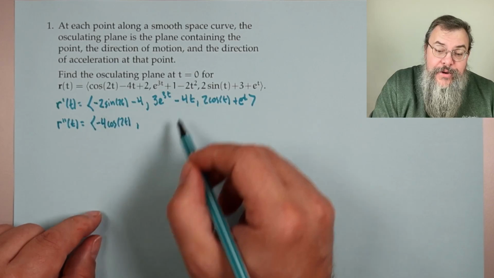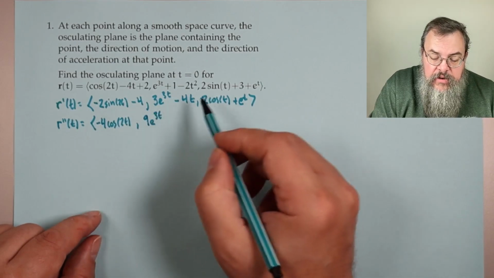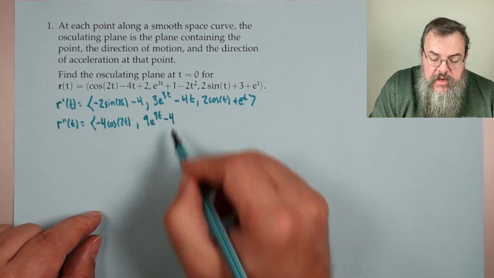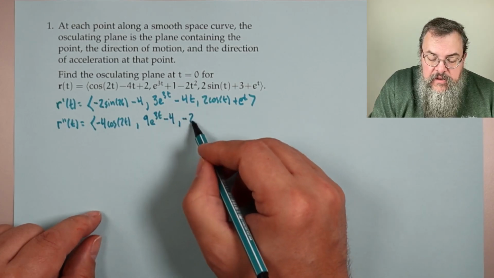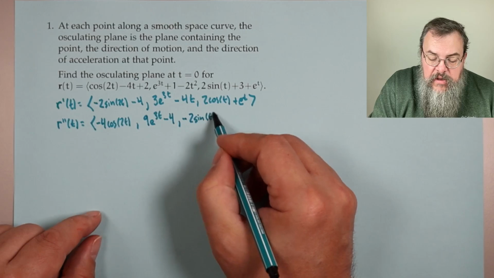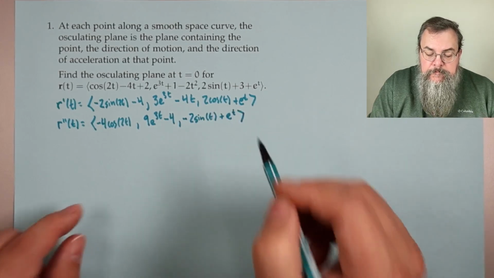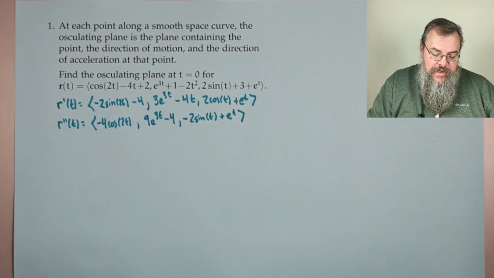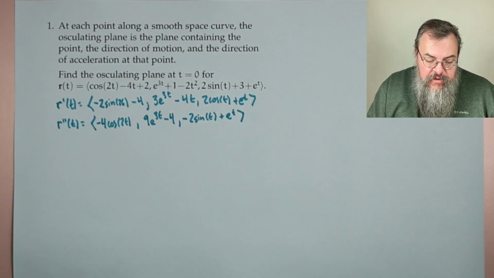Another 3 comes down, multiplying, giving us 9e to the 3t. Derivative of minus 4t, minus 4. Derivative of cosine, negative sine, so minus 2 sine t. And then plus e to the t. All right, good. So we have our derivatives in place.